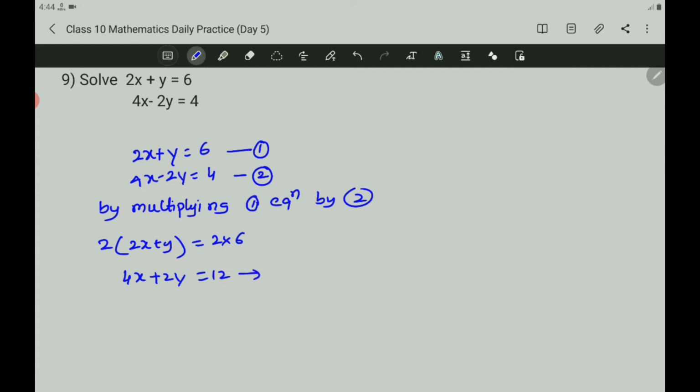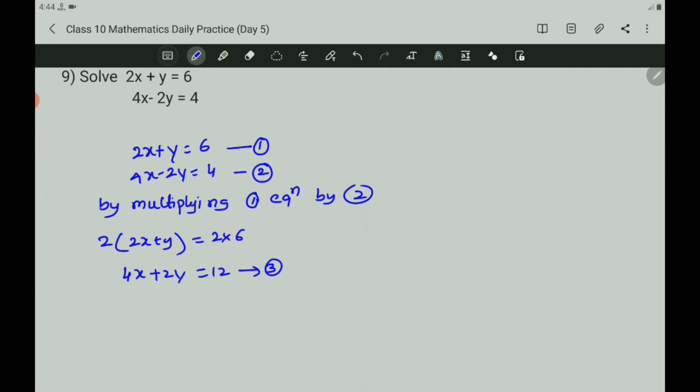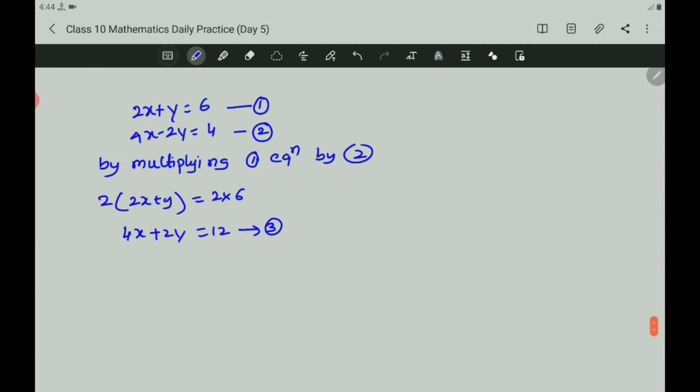Consider this is the third equation. Now you take one below the other. So you write 4x plus 2y equals 12. That is, the first is converted as 3. Then 4x minus 2y equals 4. Consider this is equation 3, this is equation 2.